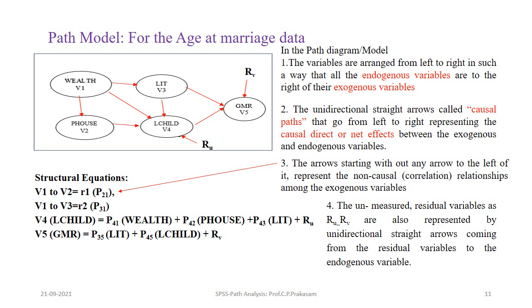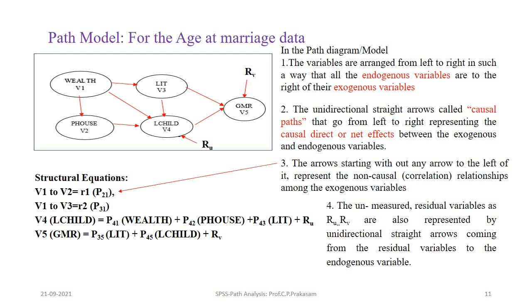Coming back to V4, that is the L child, it equals whatever arrows are shooting down to the dependent variable, that is the family size V4, which we have to consider in the regression equation.